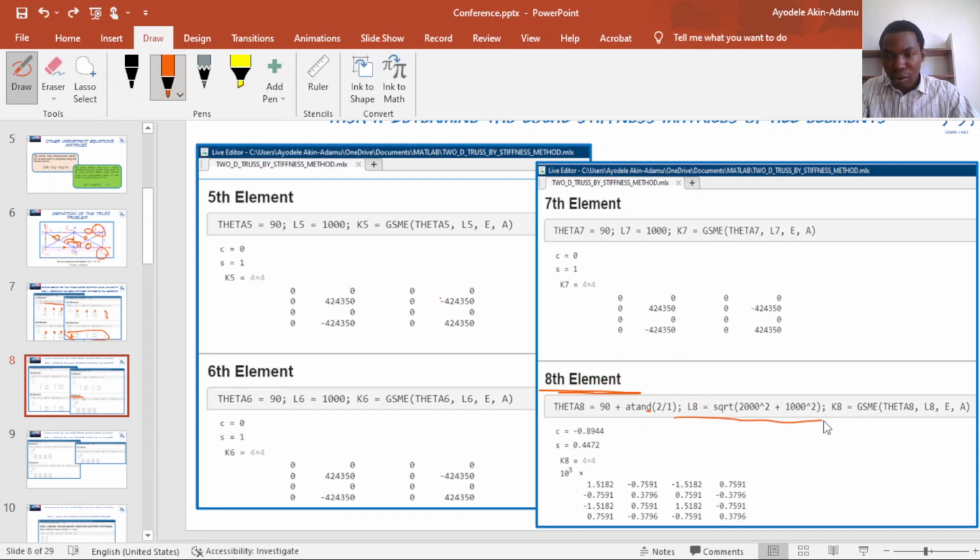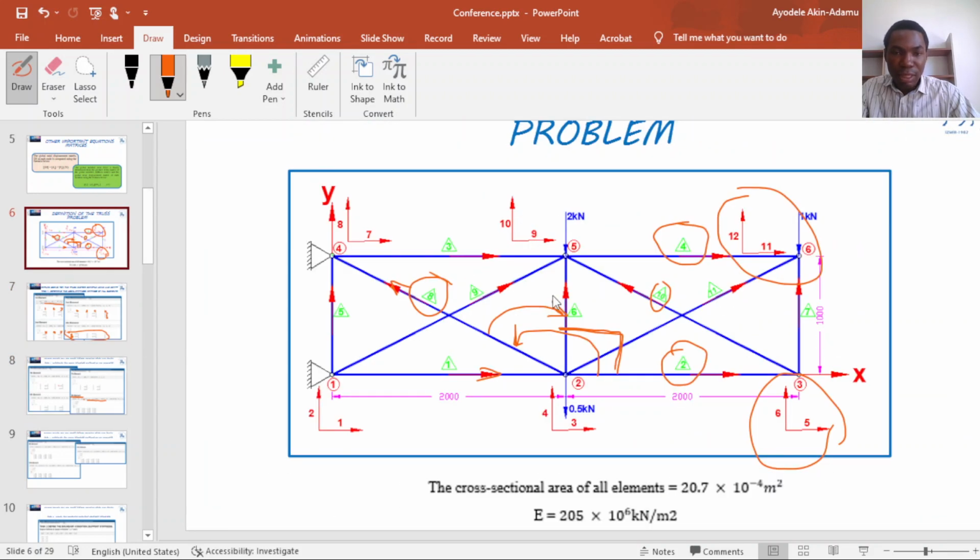This is the length of the member. This sqrt is also an inbuilt function in Matlab that computes the square root of a number. So I use it for element 8. For element 8, the x component is 2000 mm, the y component is 1000 mm.